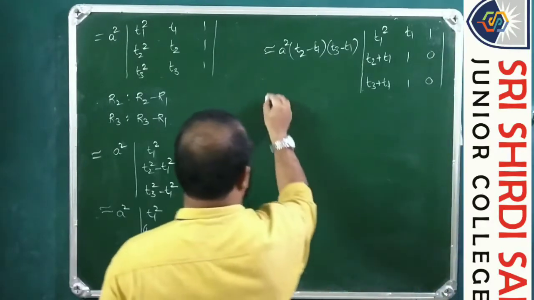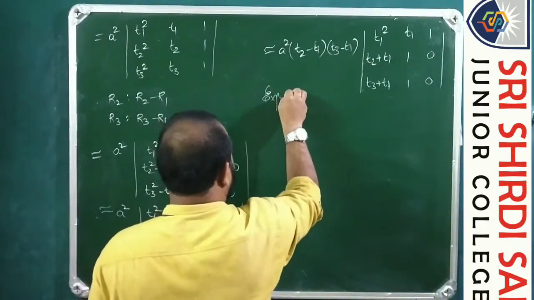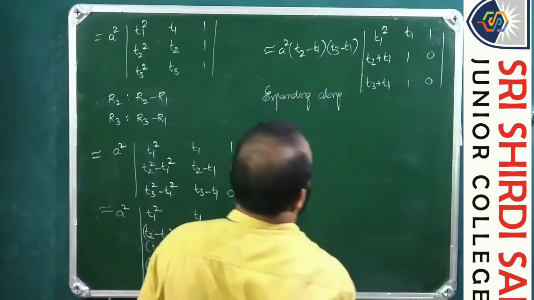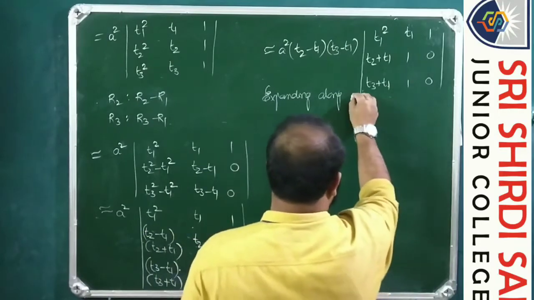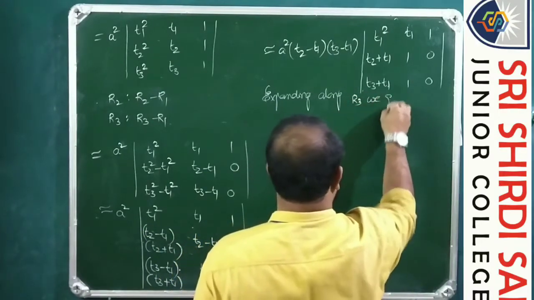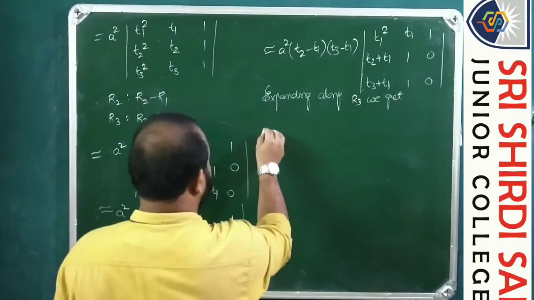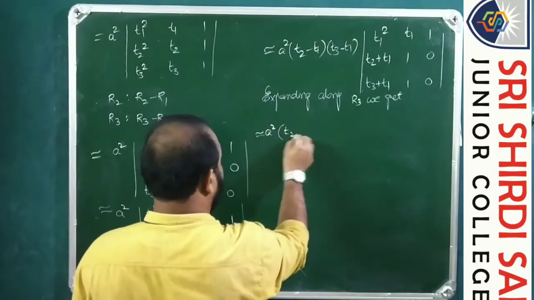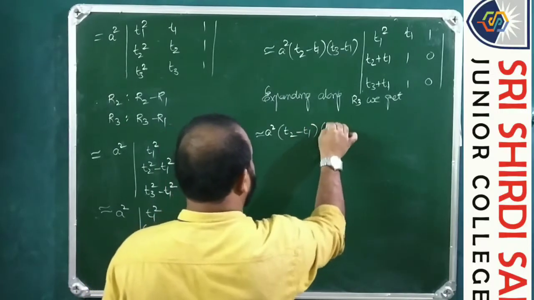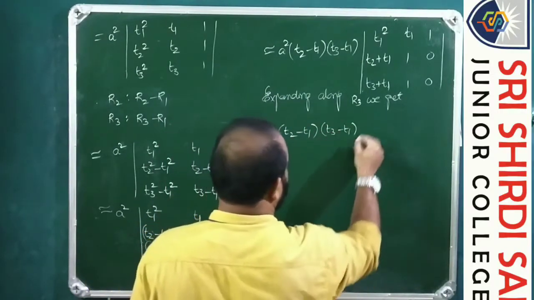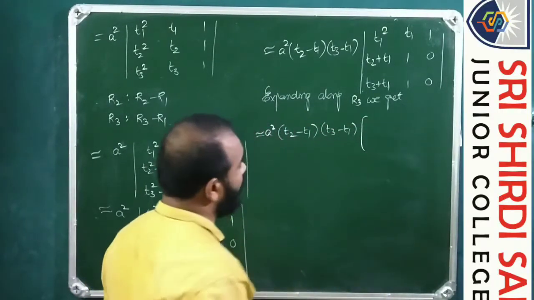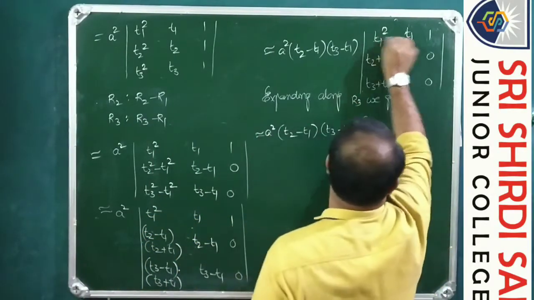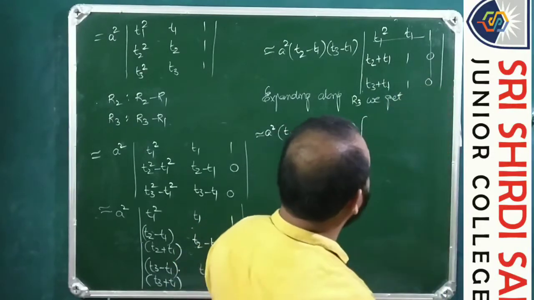So expanding along R3 we get A square into T2 minus T1 into T3 minus T1 into, this and this will be taken.